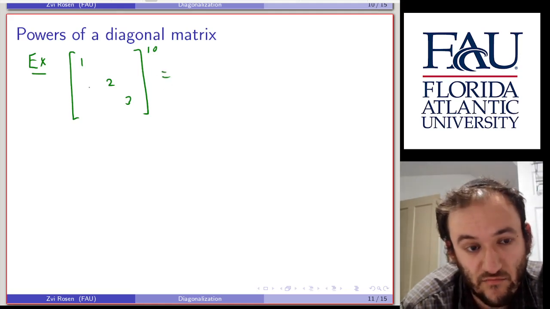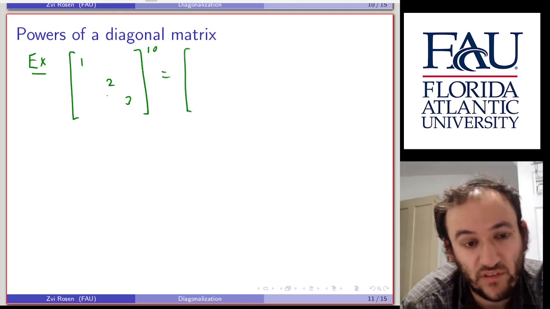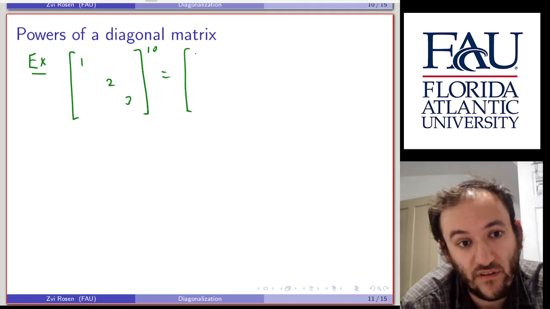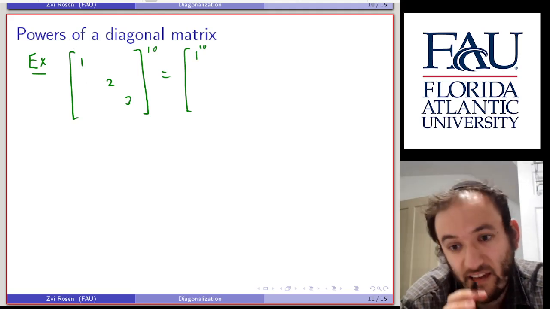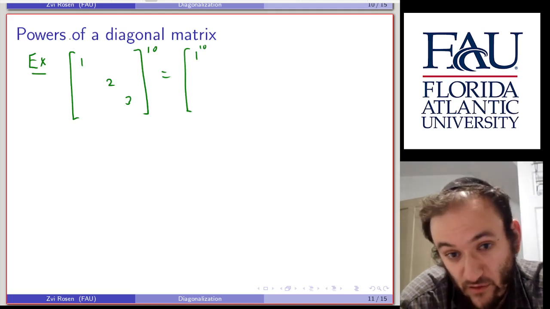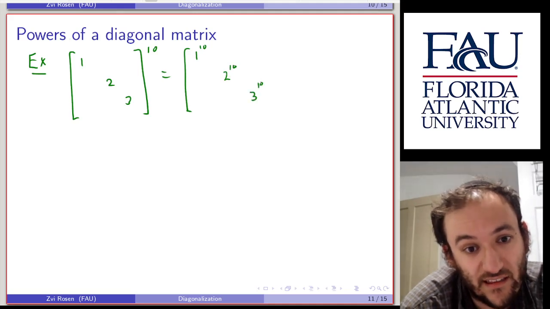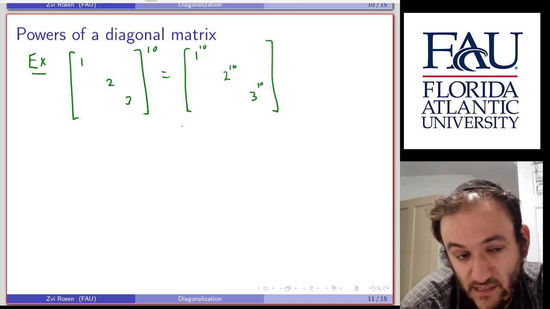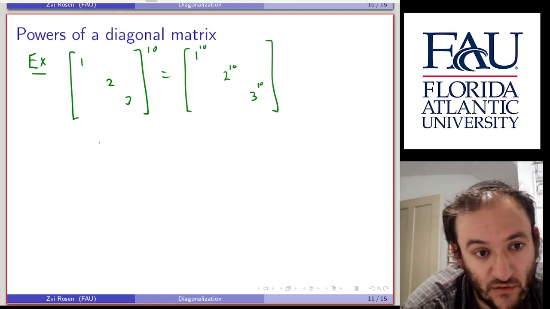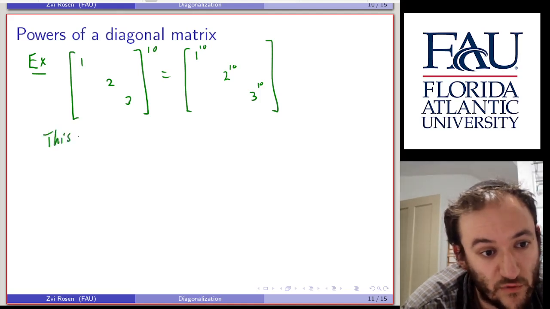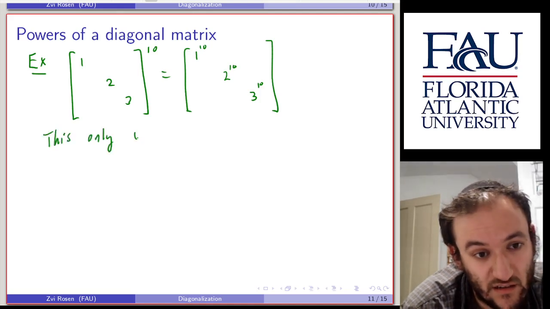Well, that's easy because whenever you multiply this diagonal matrix by itself, each diagonal entry only interacts with itself. So really we're just looking at 1 to the 10th, 2 to the 10th, 3 to the 10th. For most matrices, this isn't true. Okay, so this only works for diagonal matrices.